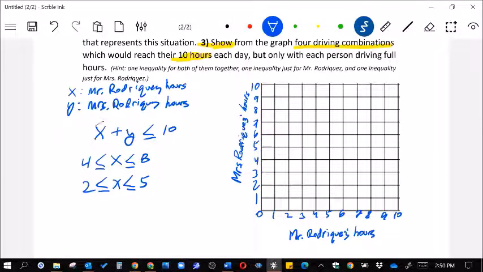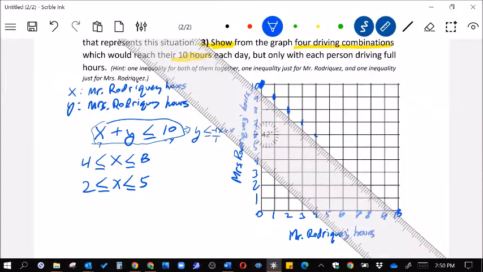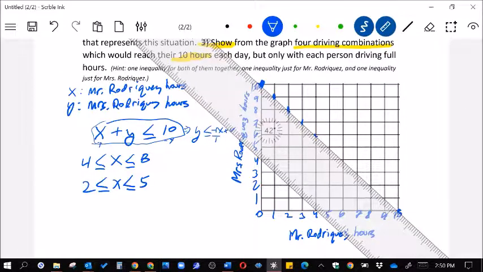This one is easy to graph right now, and I'm going to do it by changing it into slope-intercept form. If I subtract X on both sides, I get Y less than or equal to negative X plus 10. That gives me a y-intercept of 10 and a slope of negative 1 over 1, which gives me these points all the way down to here. So now I can graph that.